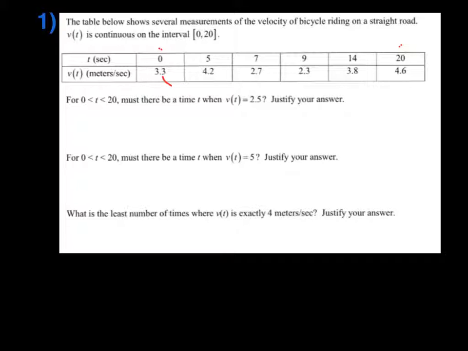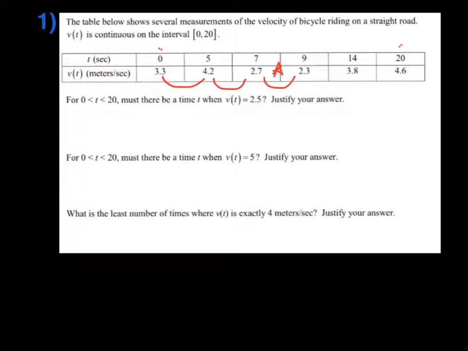If I compare these first two, would 2.5 fit in between those? No. If I compare the next two, does 2.5 fall in between 4.2 and 2.7? No. If I compare the next two, does 2.5 fall in between 2.7 and 2.3? Absolutely. There is one place where 2.5 is going to fall.